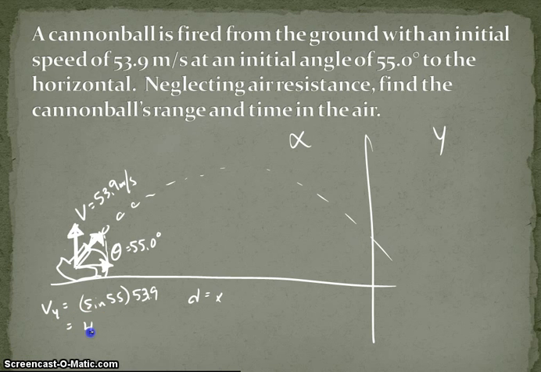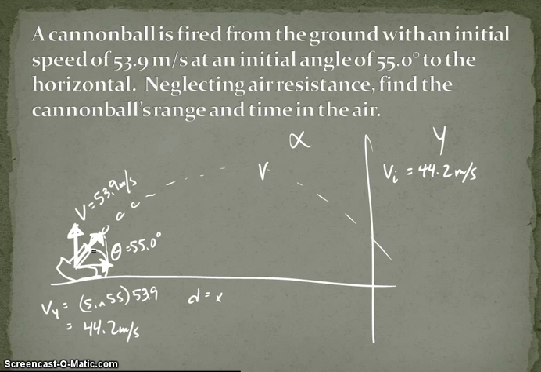That gives me 44.2 meters per second. So now that's going to be my initial velocity on this side, 44.2 meters per second. On the x side, I have to use the cosine, because again, I'm looking for this, and that's the side adjacent, so I'm going to do the cosine of it.